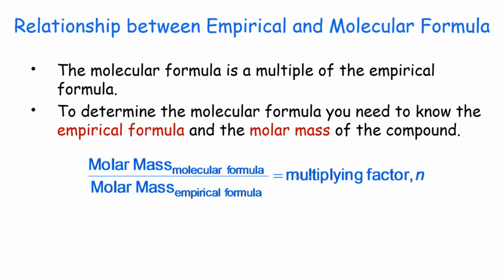So therefore, we should always have a multiplying factor. We call that n. If n equals 1, then the molecular formula equals the empirical formula.